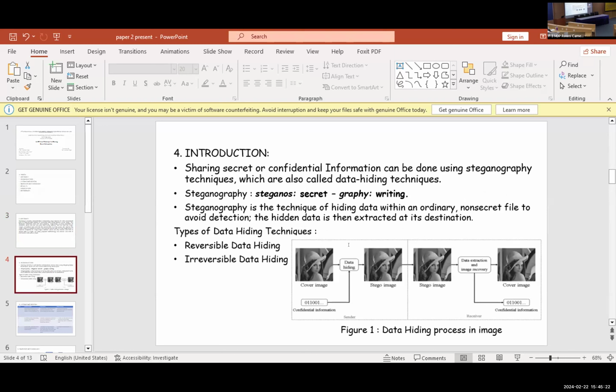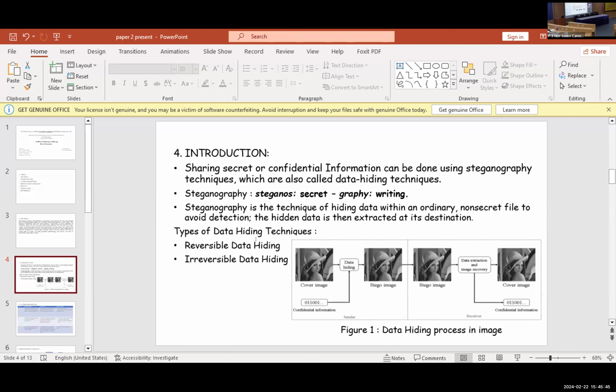The hidden data is then extracted at its destination. As you can see from figure 1, here we are using a test image called Lena. The image that we use to hide the data is called the cover image. After hiding the data, it becomes the stego image. At the receiver side, you can see that data extraction and image recovery are done successfully.